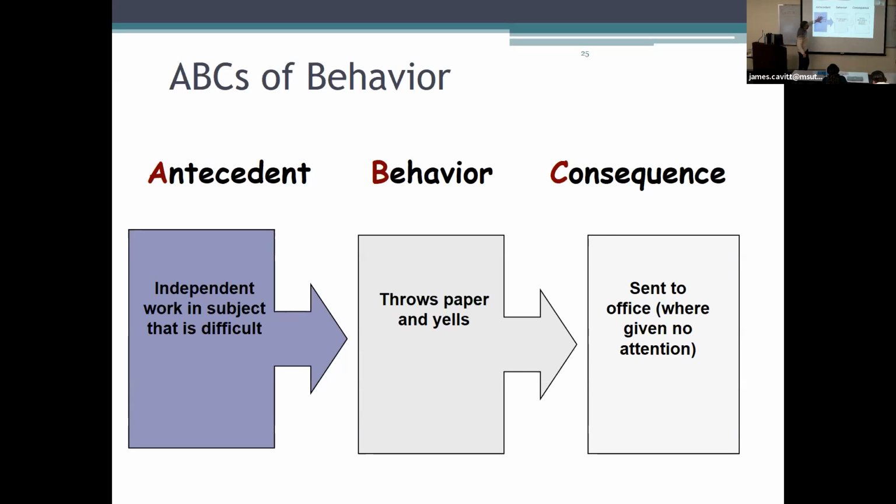So let's walk through this. The setting antecedent is a difficult subject. The antecedent is giving the work to her. The behavior is she throws paper and yells out loud in class. The consequence is this. What's the function of that behavior chain? There you go.